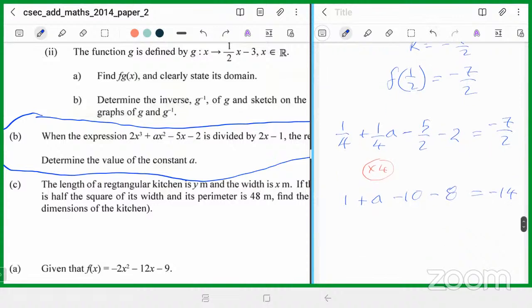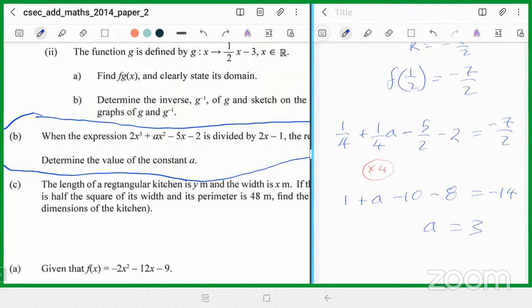So I have those whole number values now. I'm going to leave this here as my subject. Negative 18 comes to this side and becomes a positive 18. 18 minus 14 is 4. This one goes over and subtracts from the 4, so a equals 3.